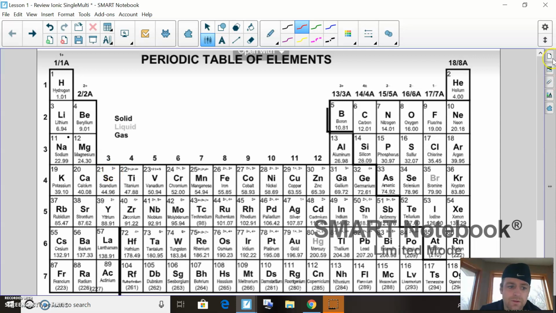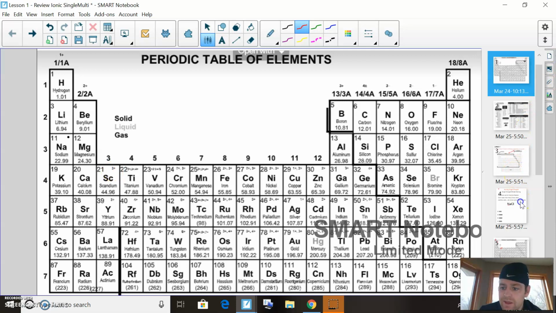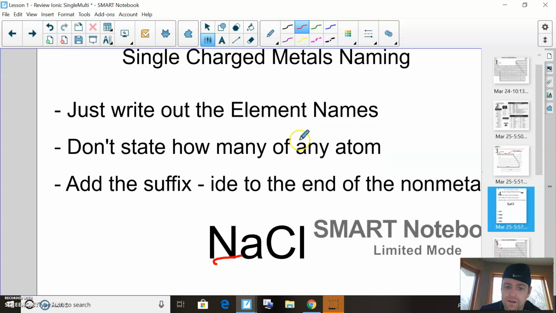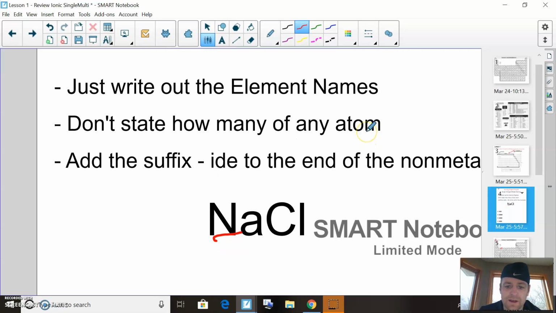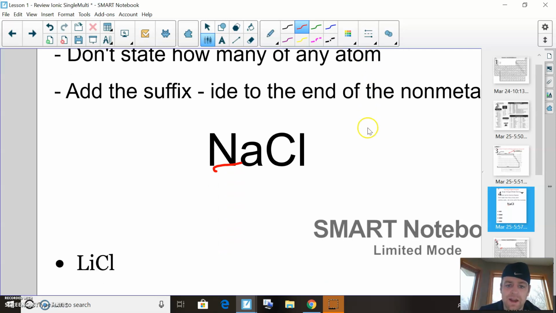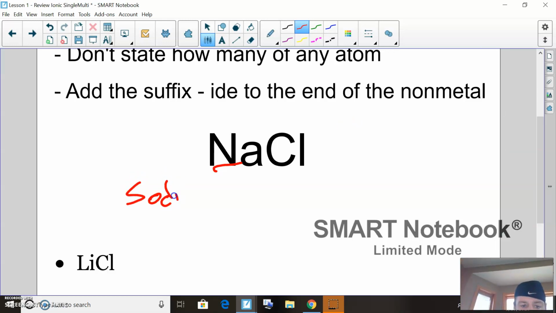So it is just a single charge metal. That is awesome. So what I do then is simply this: write out the element names, don't state how many of anything, don't write any numbers in the name, and add the suffix "ide" to the non-metal. This one is what you use all the time. It is called sodium chloride.